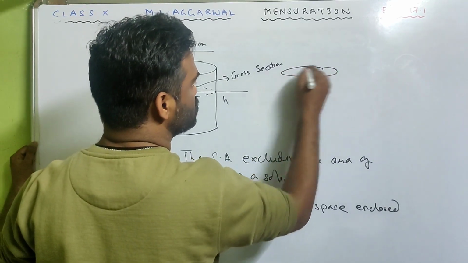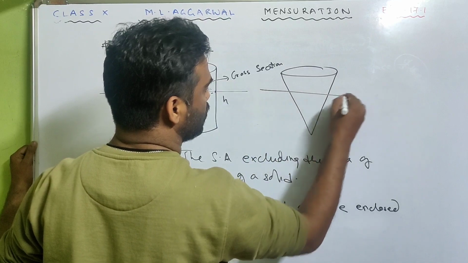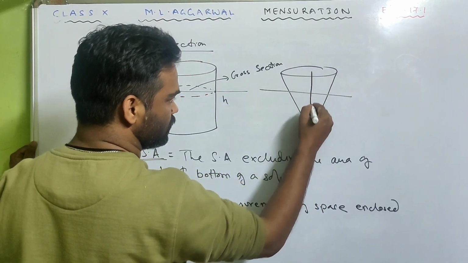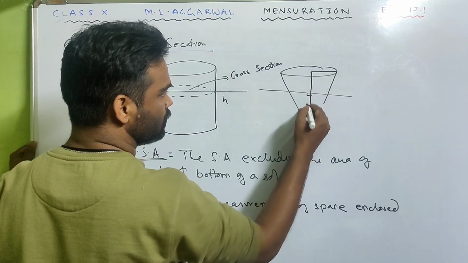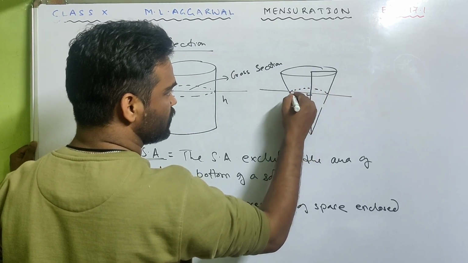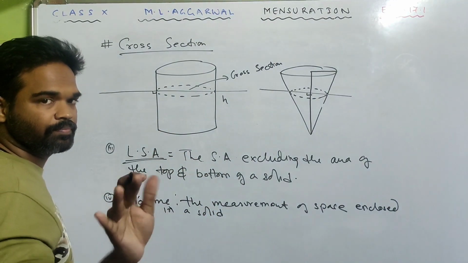Instead of a cylinder, if you see a cone, look over here carefully. If I make a cut perpendicular to the height, this is the height, then the surface exposed, that is the cross section.